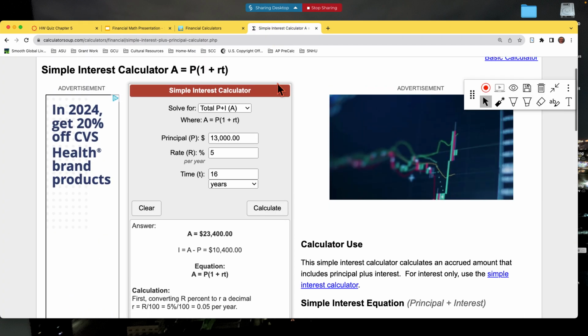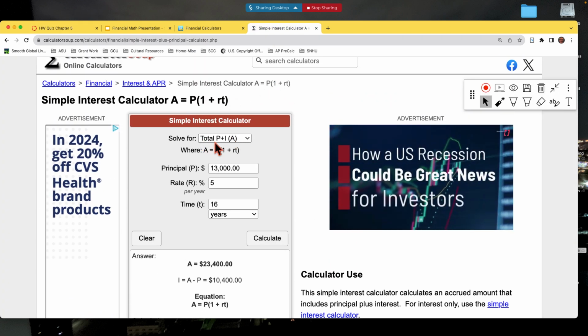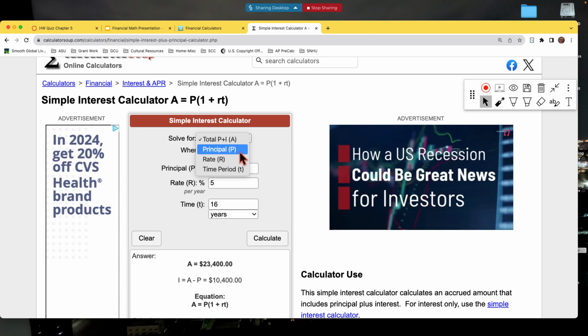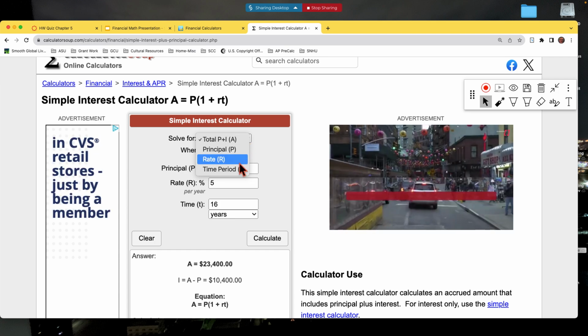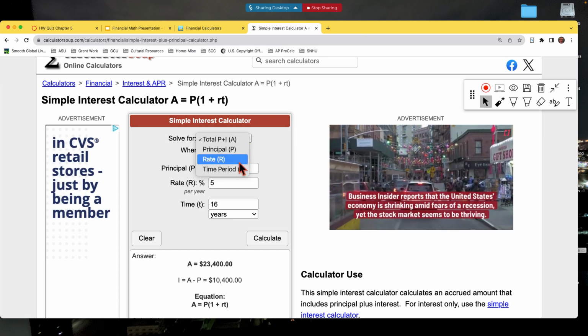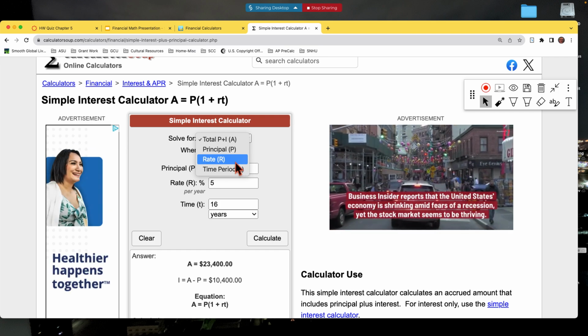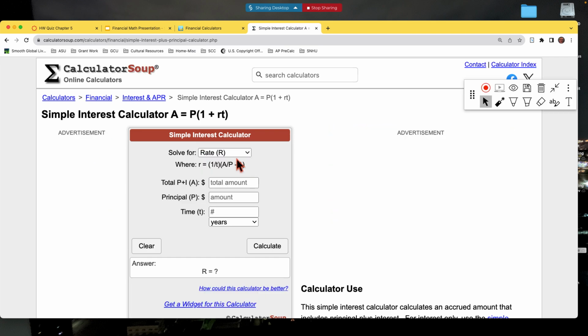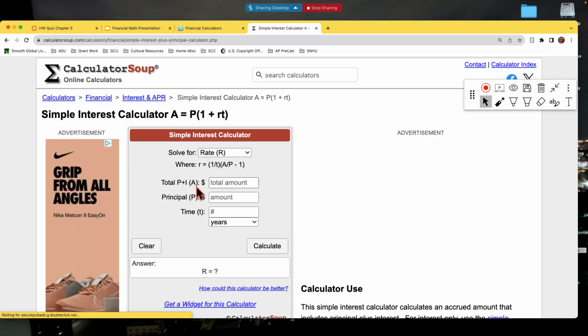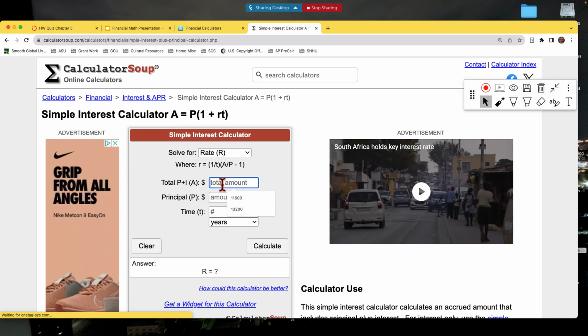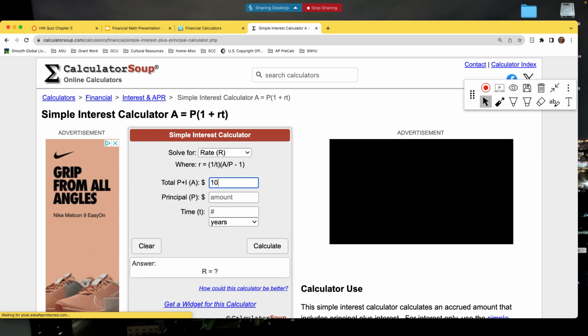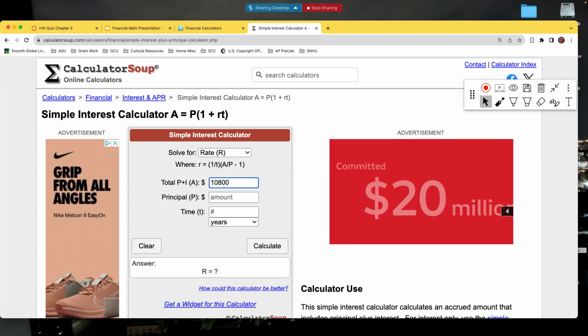Simple interest calculator. We're not solving for the total amount, we're solving for the rate. Notice that that's one of the first things we have to choose. We're telling it it's solving for the rate, then it gives us the total amount or the future value. That was 10,800, double what we started with.